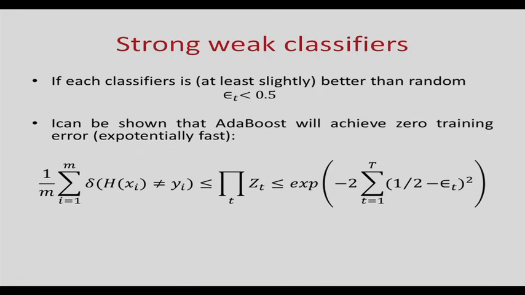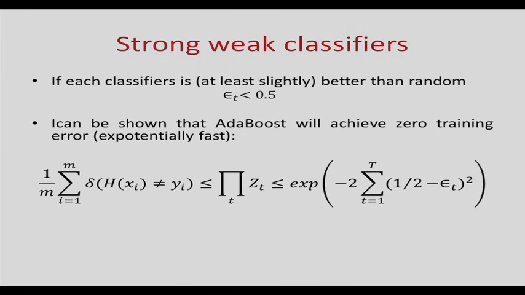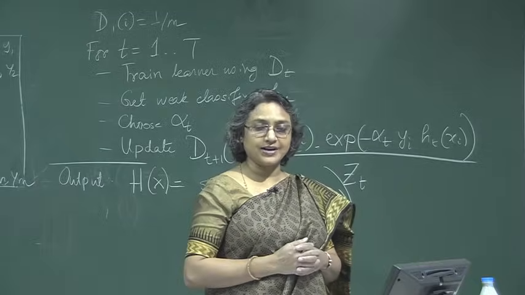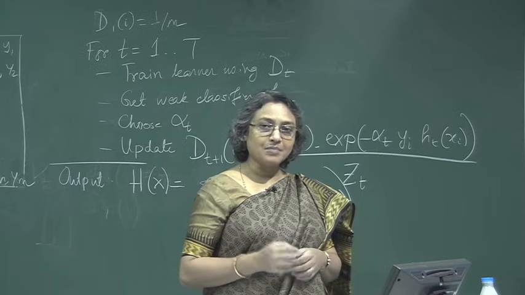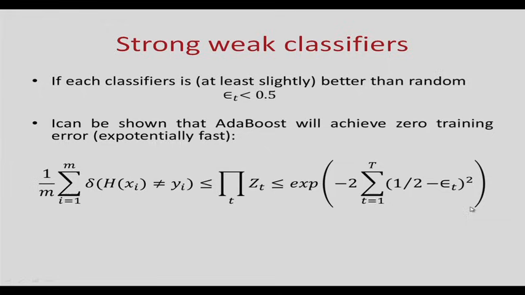Now, we will talk a little bit more about why this ensembling works. If you are given a number of weak classifiers, they can be combined to get a strong classifier. These weak classifiers must have error better than random.